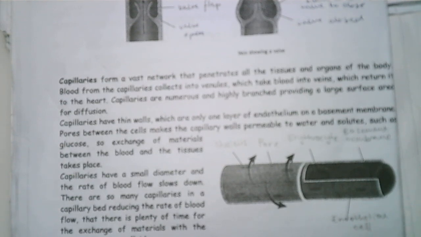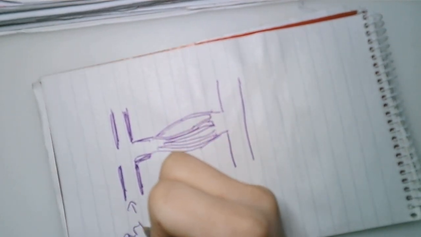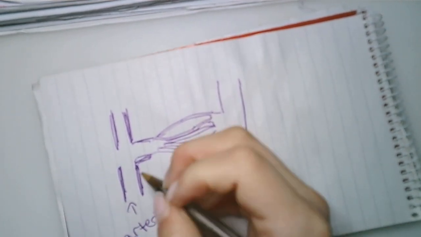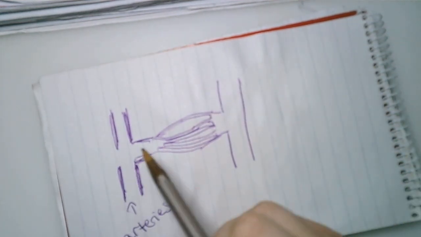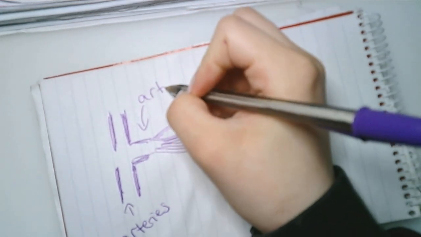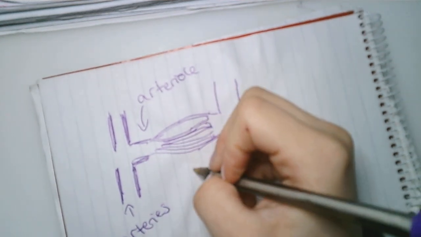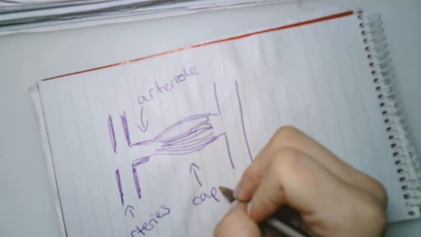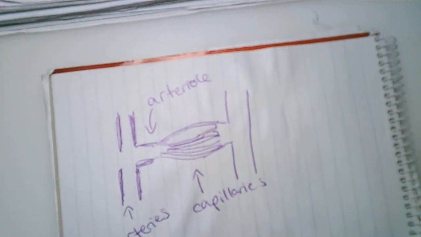I'll just talk through the different types of blood vessels one moment. So, essentially, you have the arteries, and what they do is they branch into smaller vessels called arterioles. So that's my brief drawing of an arteriole. And then those further branch into capillaries. There would be a lot more capillaries than I've drawn. They would also be smaller than I've drawn, obviously.